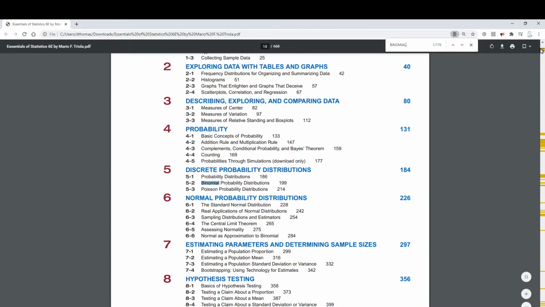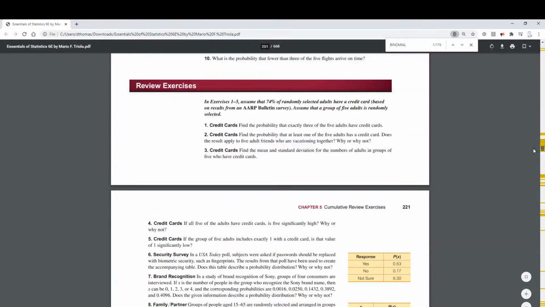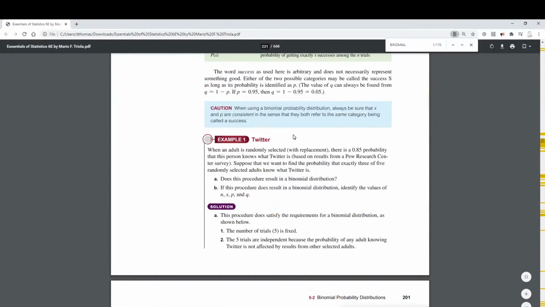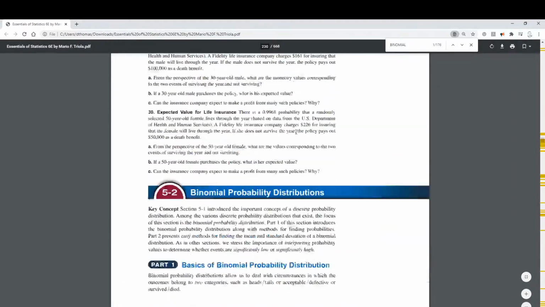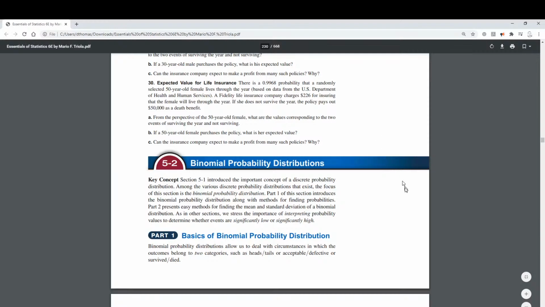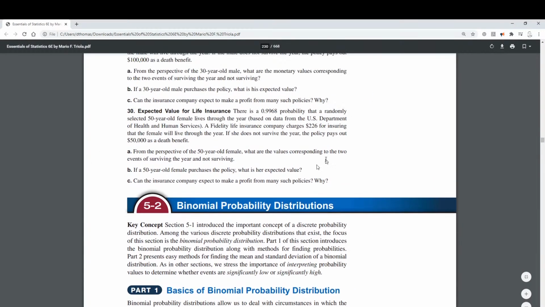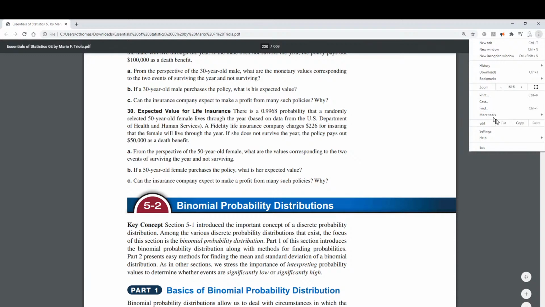Page 199. All right, so let me zoom in on this. This comes from section 5.2.